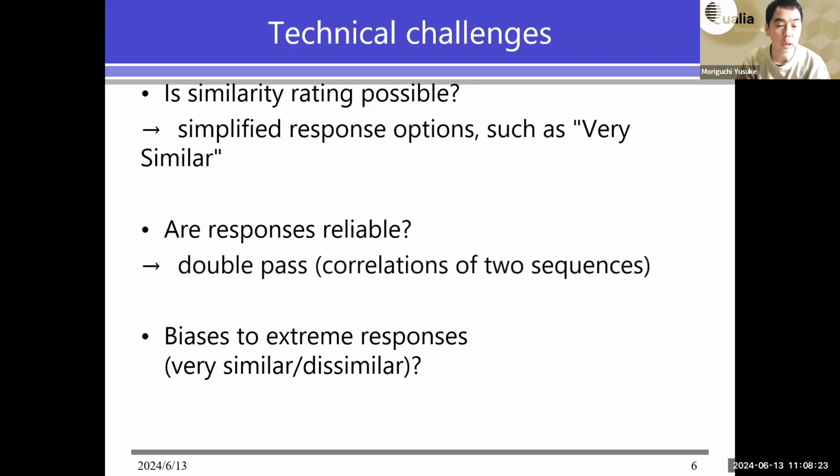For this point, we confirmed the reliability using double pass correlation, the correlation of the 2 sequences. Since we conducted 2 sequences of 81 trials, we calculated the correlation of the children's responses across the 2 sequences. Also, previous studies have shown children have a bias toward extreme responses, in this case, very similar or very dissimilar. So we also confirmed whether children show more extreme responses compared to adults or older children.